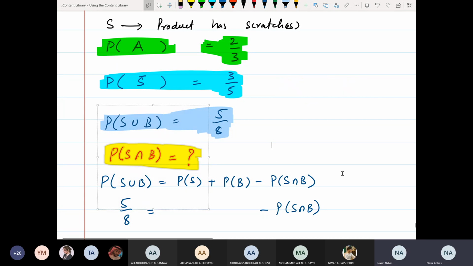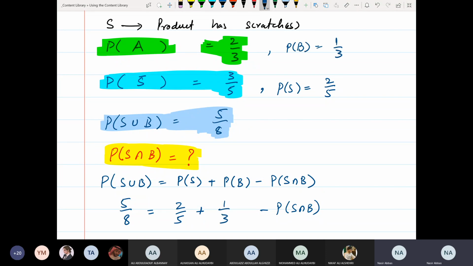And along with S bar or S complement, I can say probability of S will be 2/5. So I plug in 2/5 here. Plus, I don't have probability of B. Who can tell me what is probability of B? Ali, 1 minus probability of A. So here indirectly, I'm given that probability of B is 1/3.